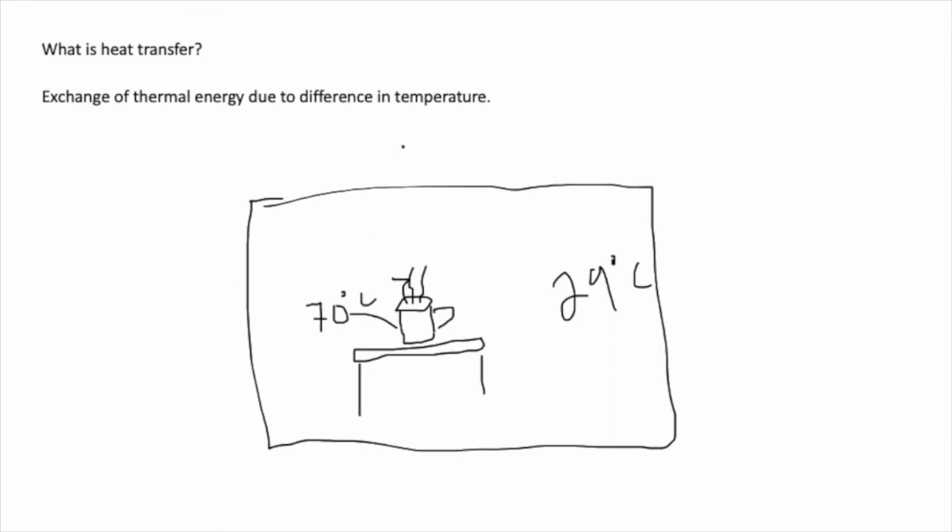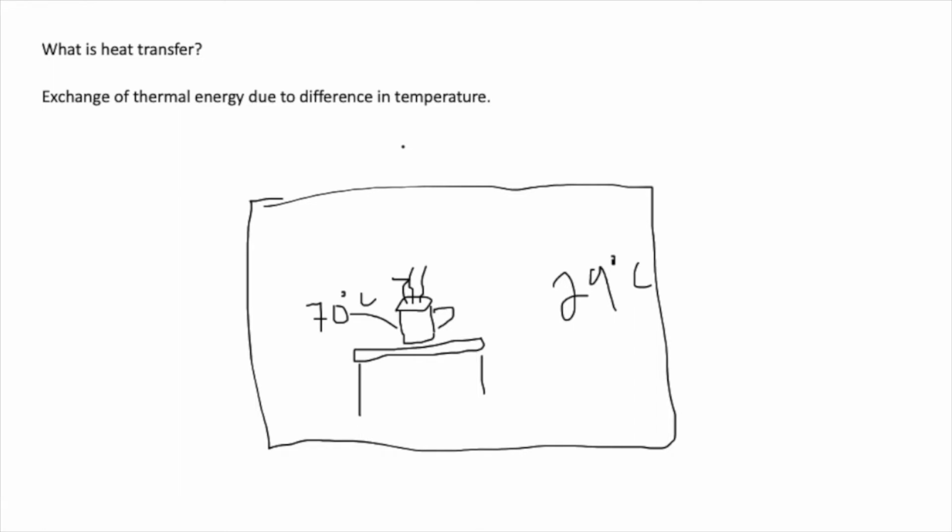Now again, this condition also fulfills the factors that allow heat to transfer. We have a temperature difference, which represents two thermal energies. So there will be an exchange of thermal energy.